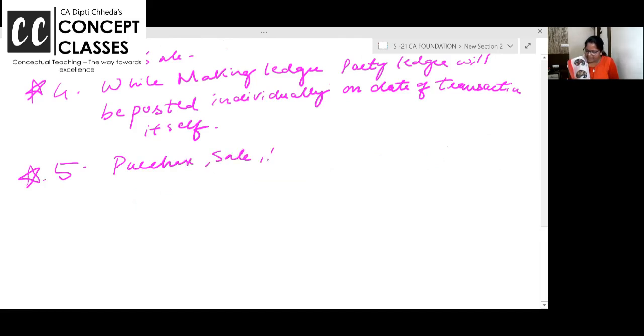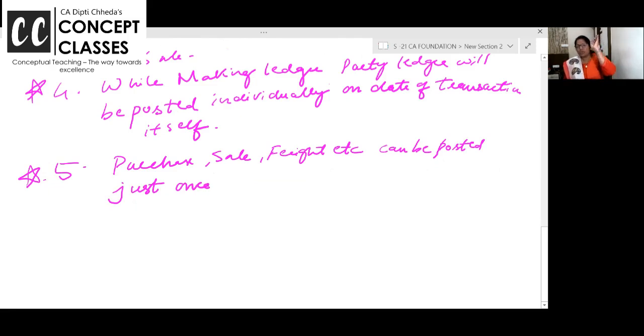Purchase, sale, freight, etc. can be posted just once in a month or week, etc. जो भी company की policy है.